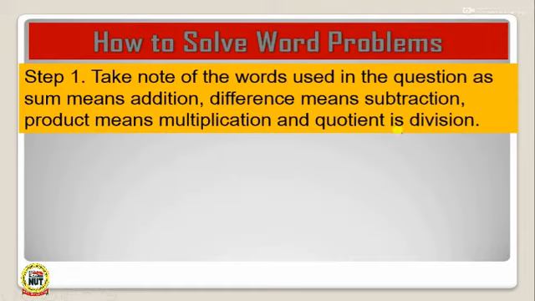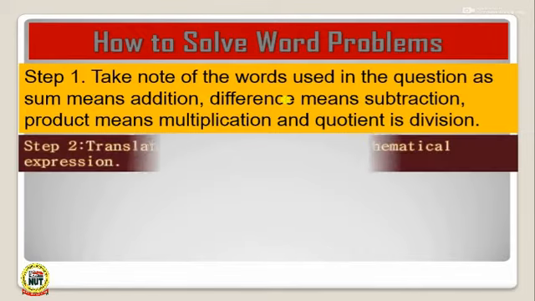So you must look into the question critically to find out what term or word is used in the question, because it is when you have been able to identify the meaning of the words or terms used in the problem that you will be able to apply them appropriately.